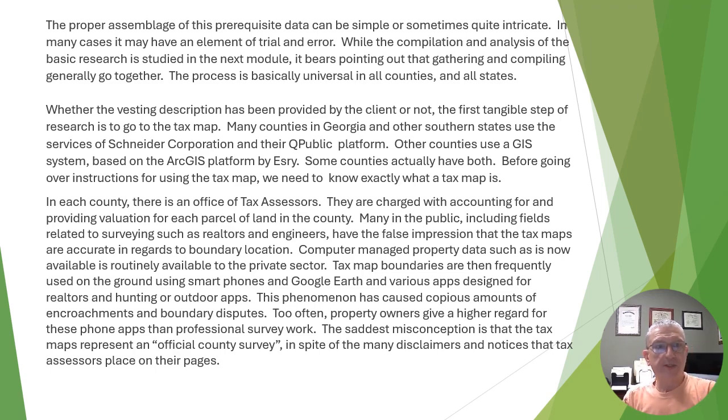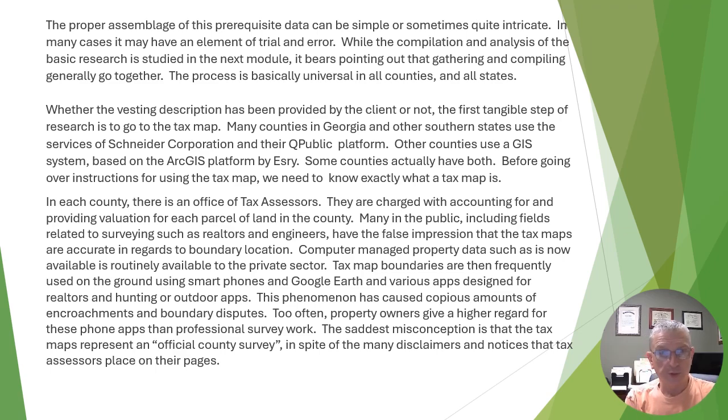So whether the vesting description has been provided by the client or not, the first step of the research is to go to the tax map. And we'll talk about tax maps a lot, but the primary purpose would be to find what they believe is the vesting deed for your subject property. Many counties in Georgia and in other states use the service that the Schneider Corporation offers called QPublic.